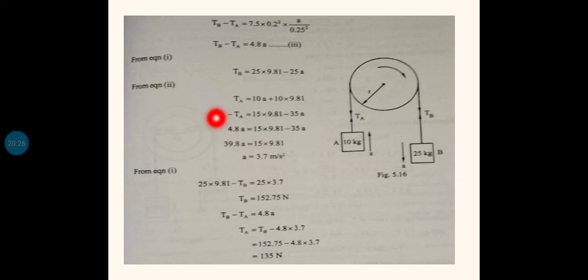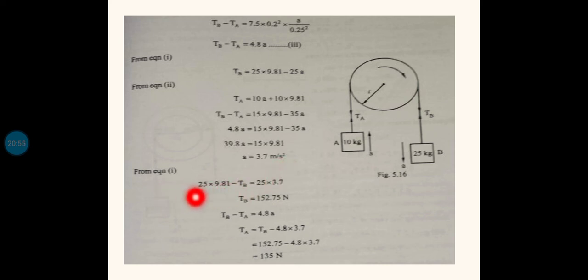Combining equations 1 and 2, TB minus TA is actually equal to 4.8a. So I equate that expression to 4.8a. Simplify this on paper and see how it comes. Finally you will get 39.8a equal to 15 into 9.81. So a is equal to 3.7 meter per second square.